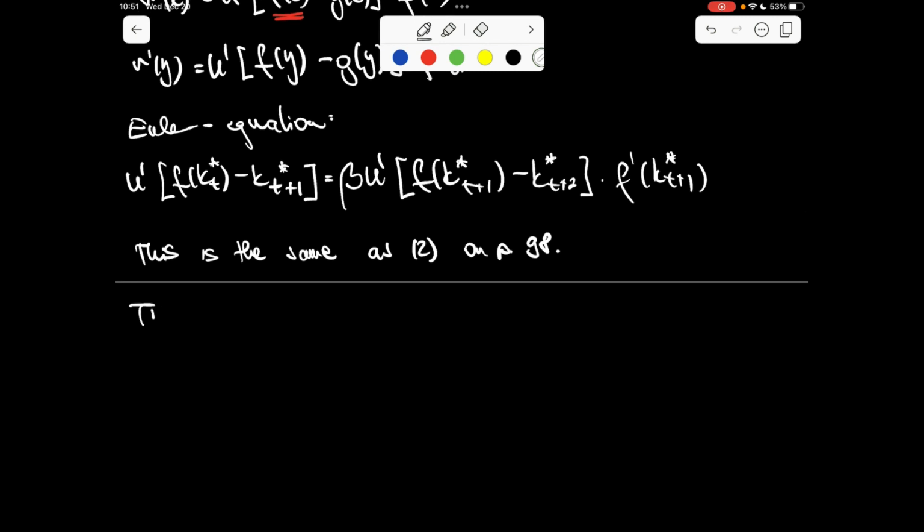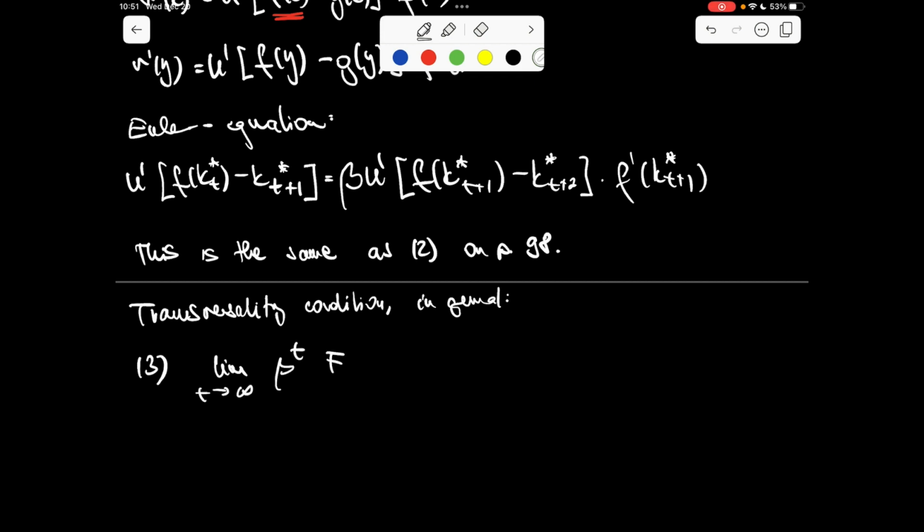So the transversality condition, in general, this is equation 3 from the related chapter, chapter 6. In general, we write the transversality condition in this form.